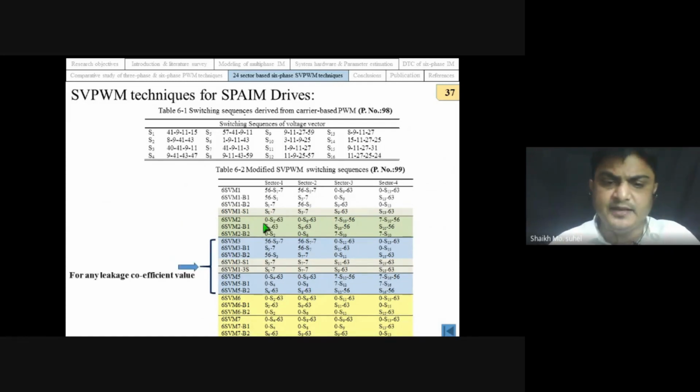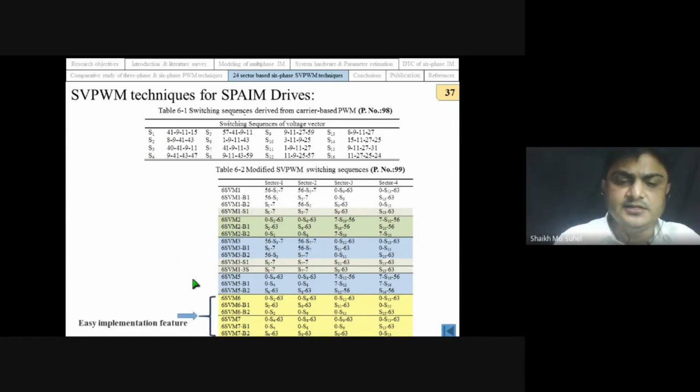This PWM technique, the blue one, 6-phase SVM3, B1, B2, will provide better HDF performance for any value of leakage coupling coefficient. This last PWM technique provides an easy implementation feature, so it can be implemented and utilized very easily.